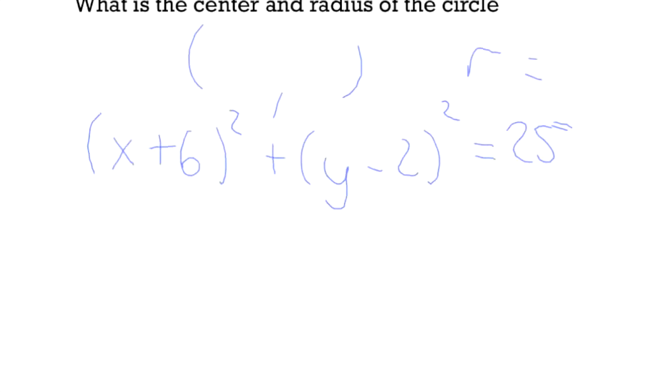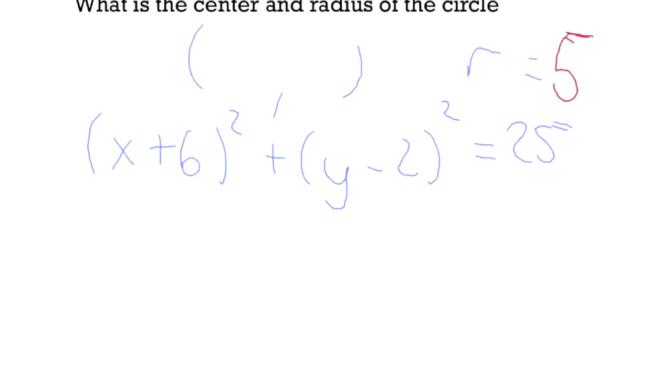So let's think about this one. Close, so close. Okay, let's do r first. So my r is always r squared. So if it's 25, we know that my r is going to be a 5.